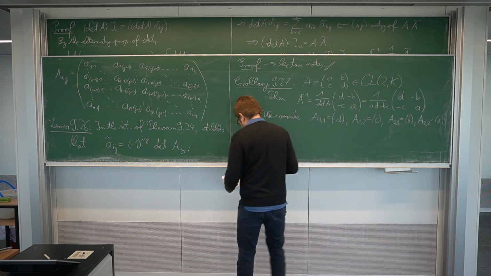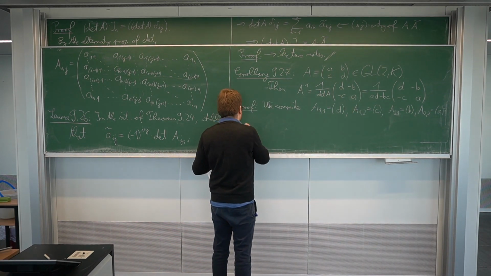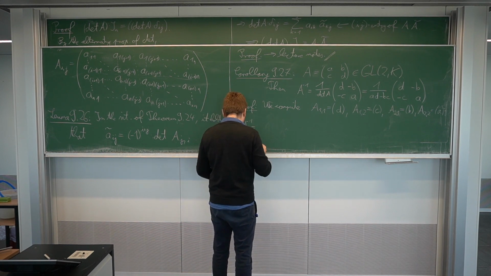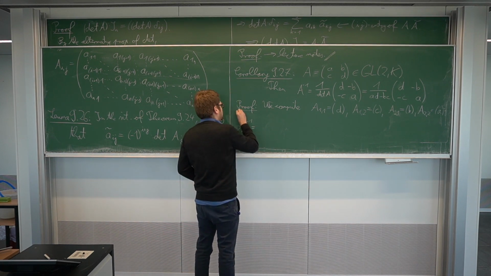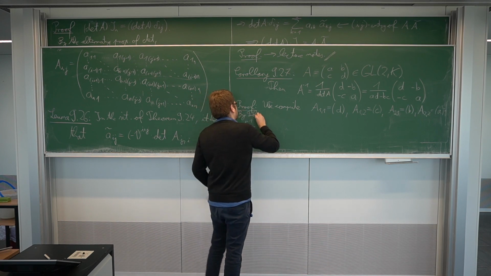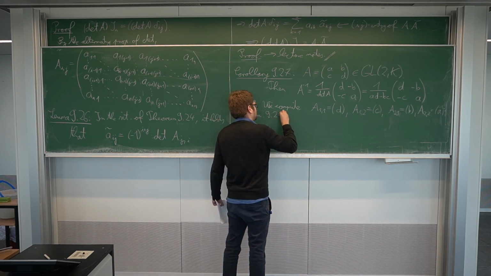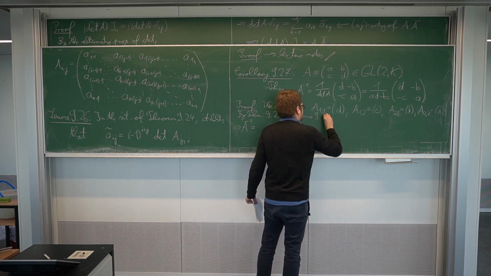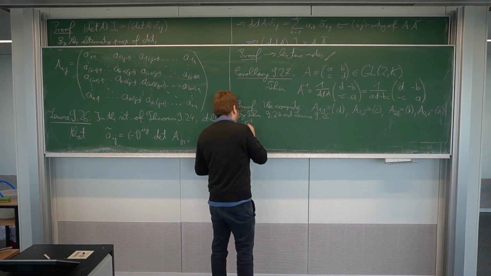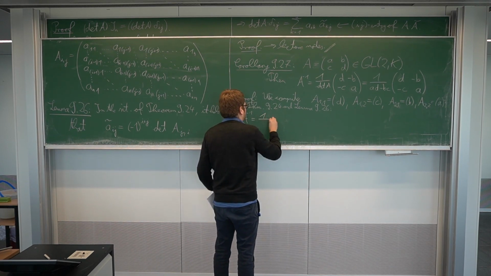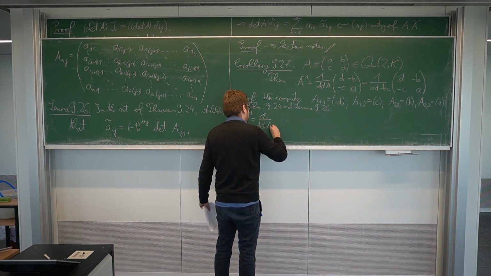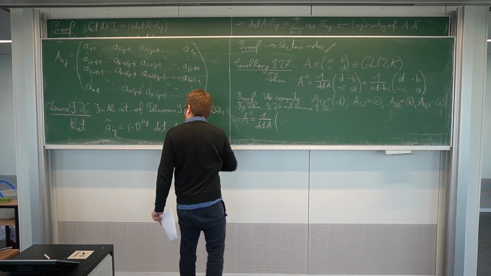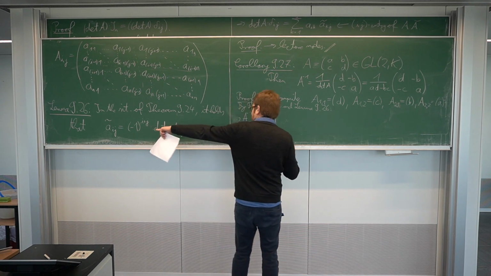This means if we take the inverse here, by Theorem 924 and Lemma 926, A to the minus 1 is 1 over the determinant of A times the matrix A tilde. By simply applying this formula, these are the entries of the 2 by 2 matrix A tilde.